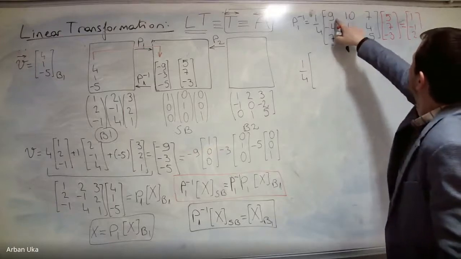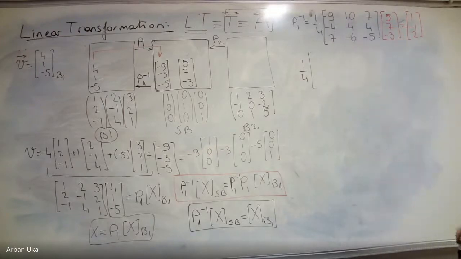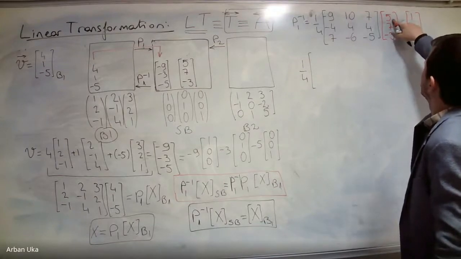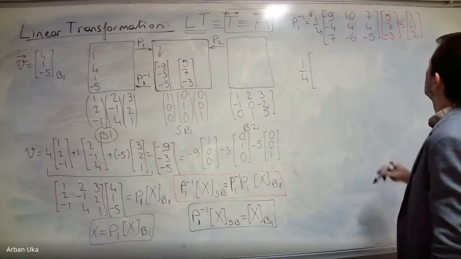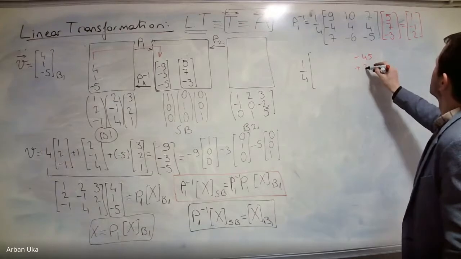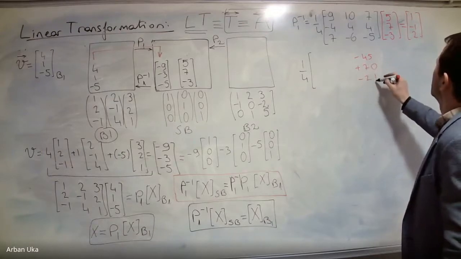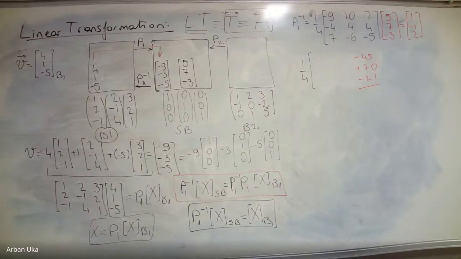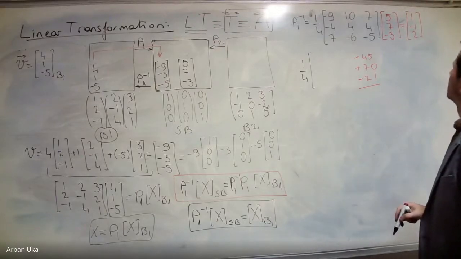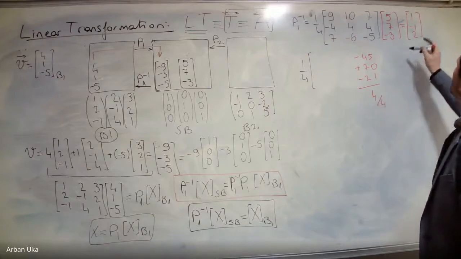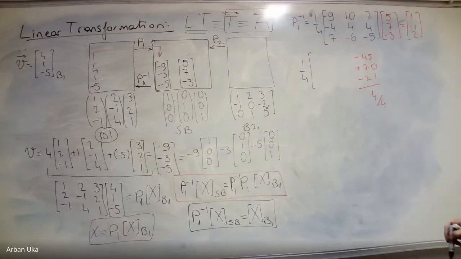So we can check: we have minus 9 times 5, minus 45 plus 70 minus 21. This means that this is 4, so we get 1.